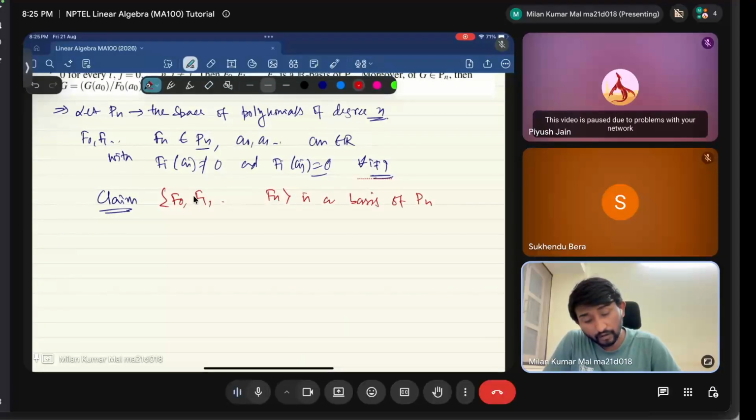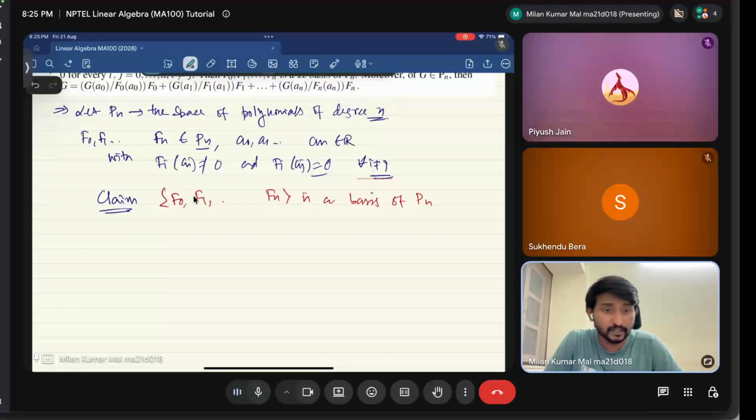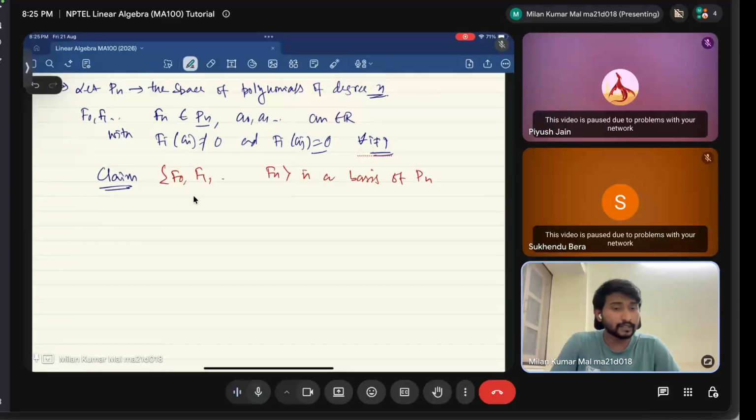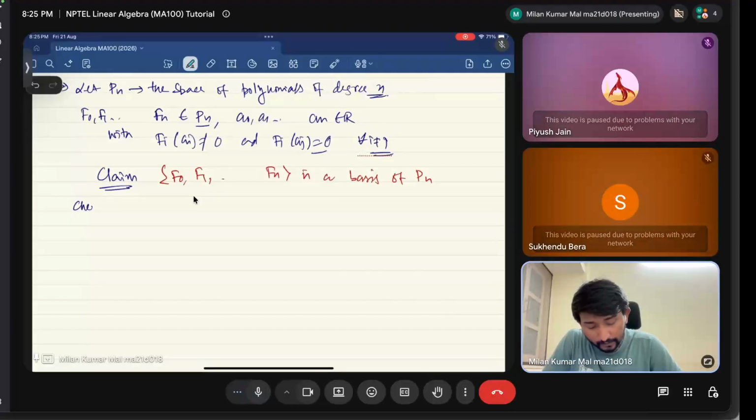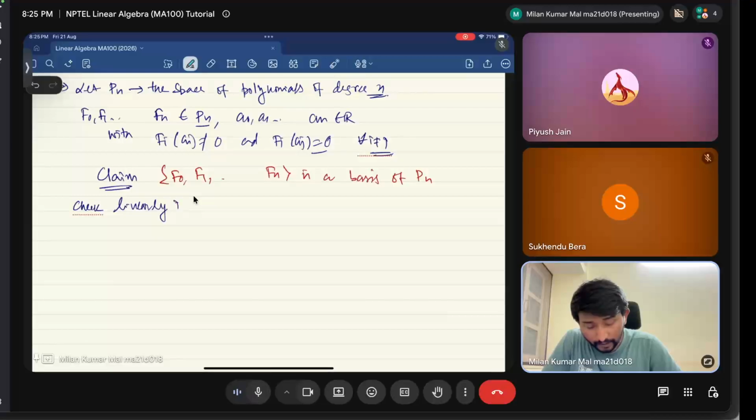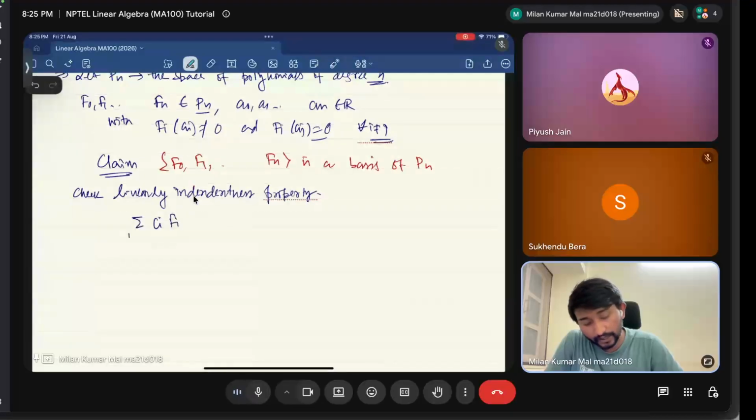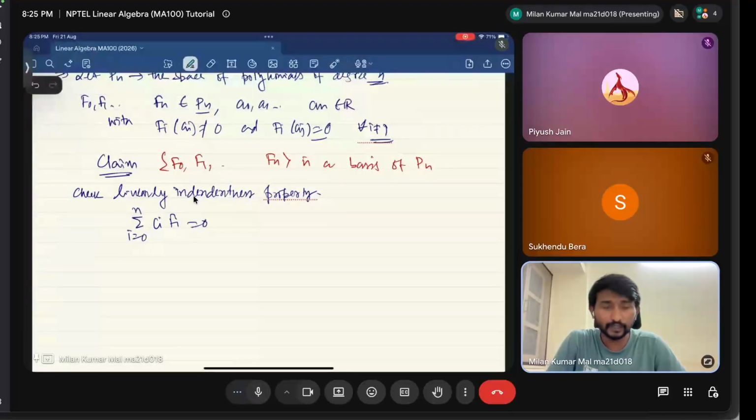So how will I do it? Basis means you have to check two things: one is linear independence and the other is spanning. So first, check linear independence. Let's take the sum of ci fi, for i equals 0 to n, equal to 0. Then I have to show that all ci are equal to 0.